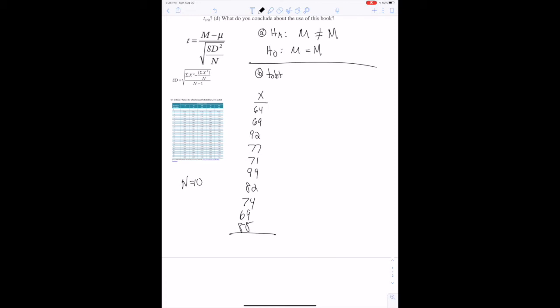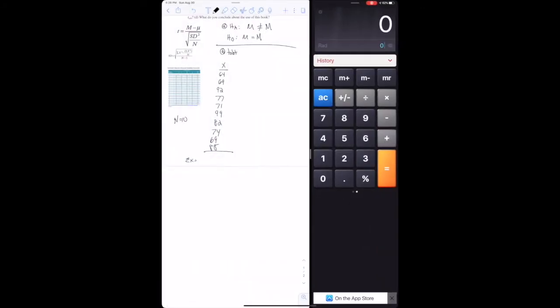So sigma x equals the sum of this column. Let me bring up our calculator, and you can keep an eye on me to see if I get it right. 64 plus 69 plus 92 plus 77 plus 71 plus 99 plus 82 plus 74 plus 69 plus 88 equals, sigma x is 785.